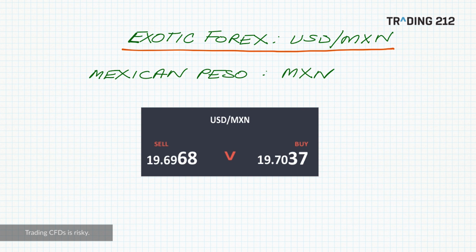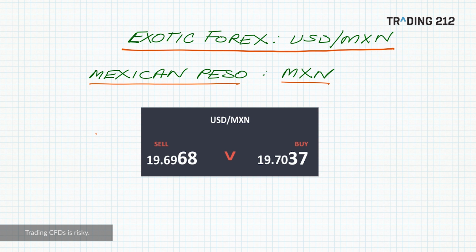As I said earlier, groupings are often more for convenience's sake than anything else. There isn't really a strict definition of an exotic. I myself would tend to lean towards saying an exotic Forex pair involves an emerging market currency. In this case, that's the Mexican peso, the 3-letter ISO code of which is MXN.